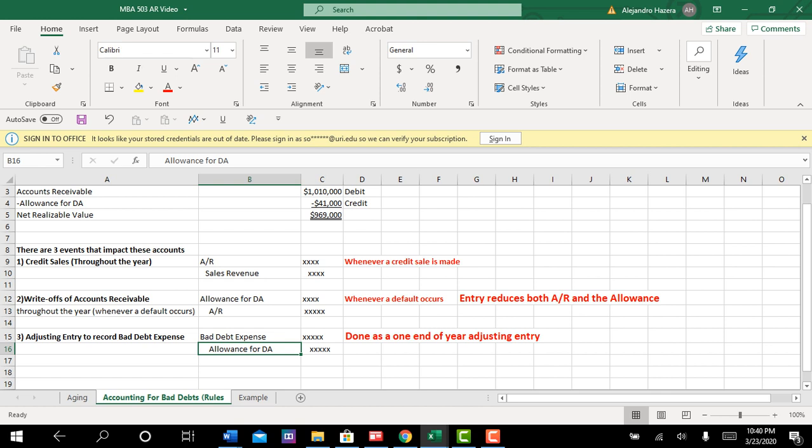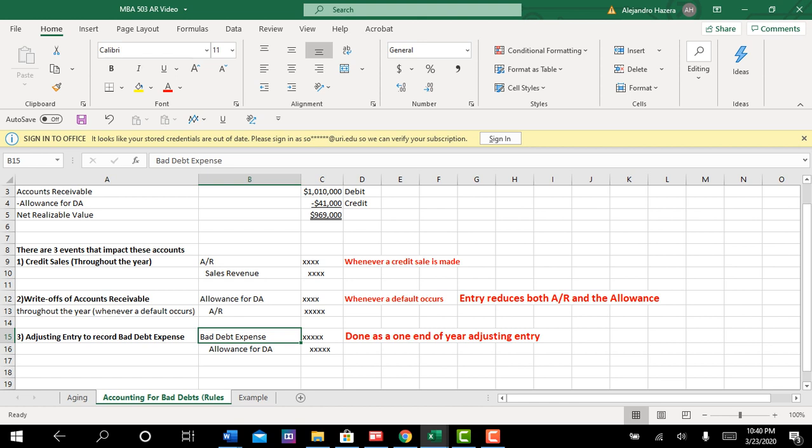The second part of the entry is to record for this year the amount of new credit sales you think will go bad.